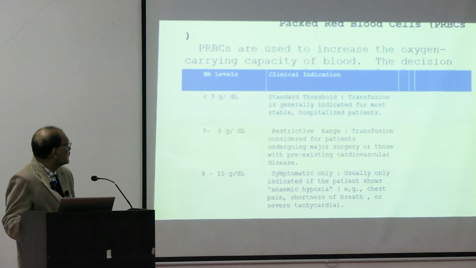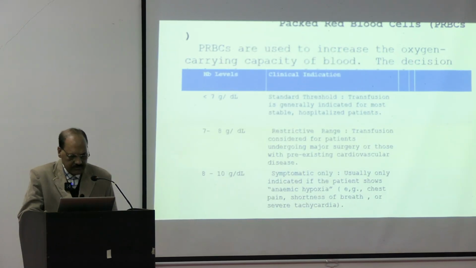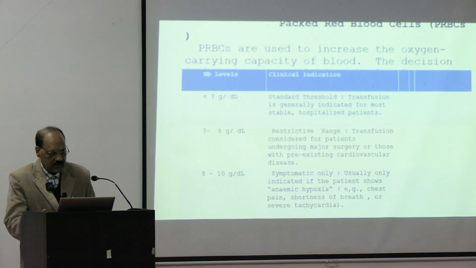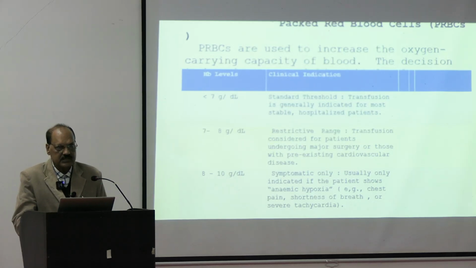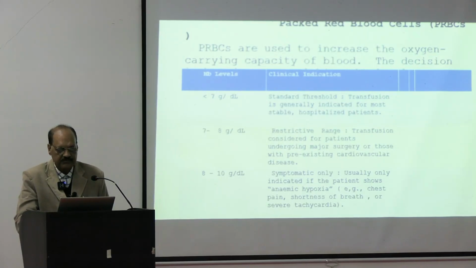There are 2 columns you can see, with different levels of hemoglobin: less than 7 gram per deciliter, then 7 to 8 gram, then 8 to 9 grams. The indications of blood transfusion depend on the hemoglobin level.